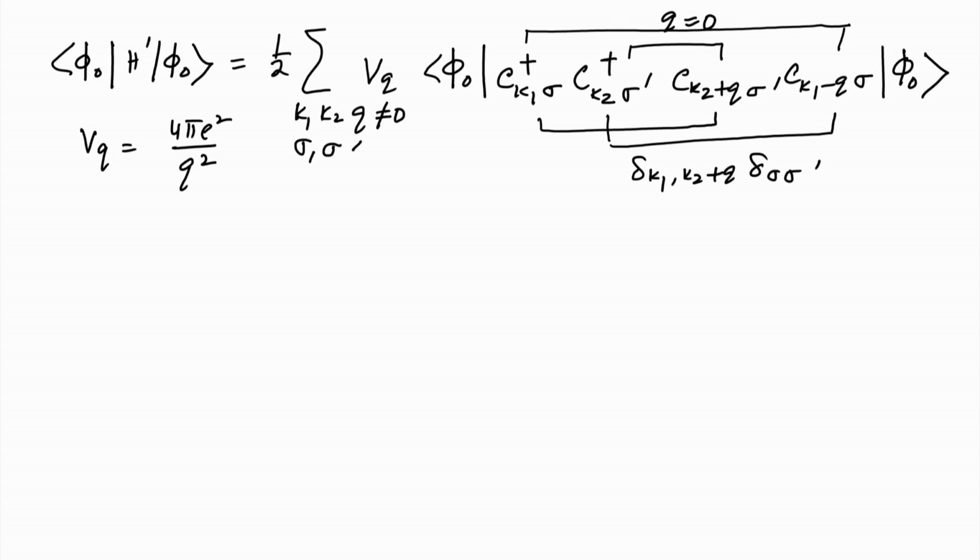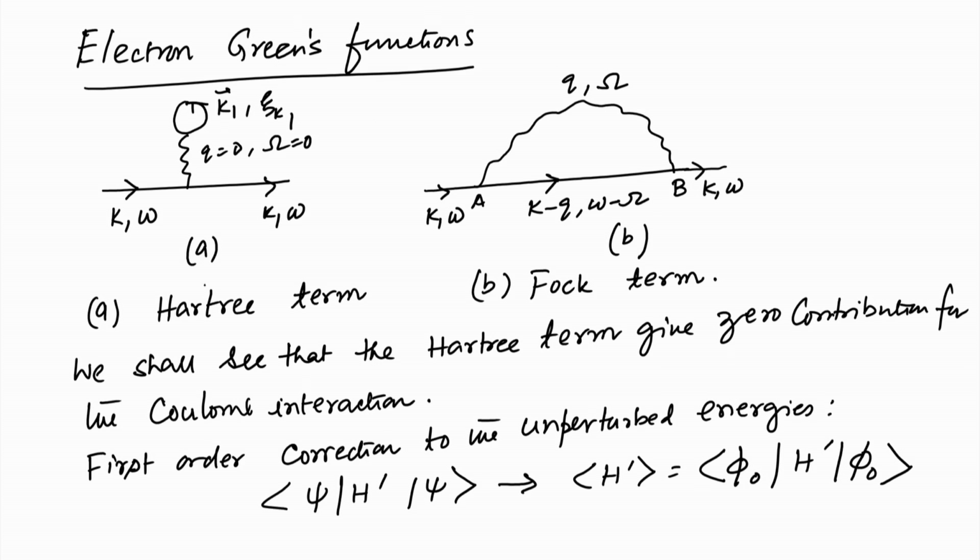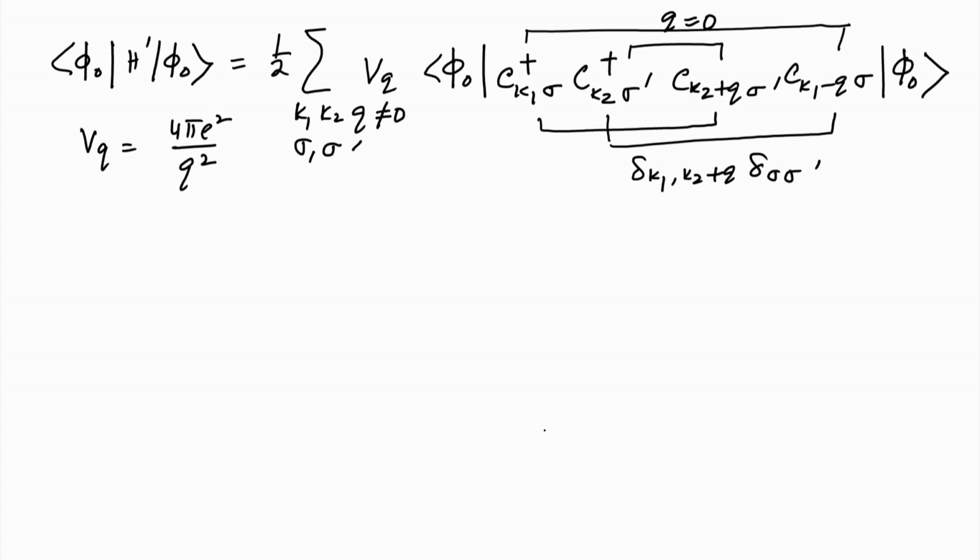Now, you see that the Hartree term corresponds to q equal to 0, which is not included here at all. Any of the pairings, these lined terms, the terms being connected by the horizontal lines, are not included. So, Hartree terms, Hartree diagrams, do not contribute for the Coulomb interaction term.